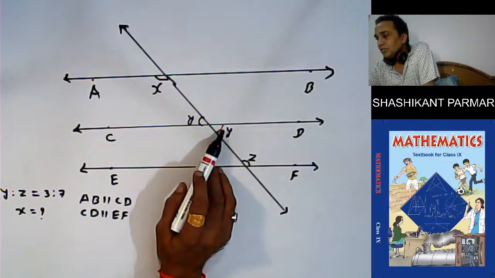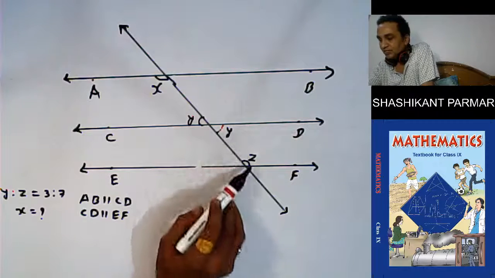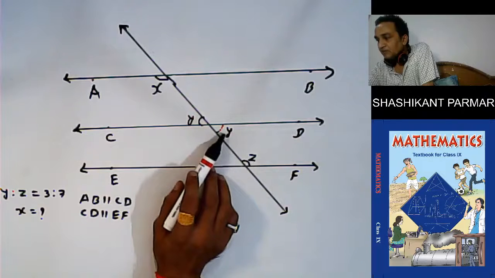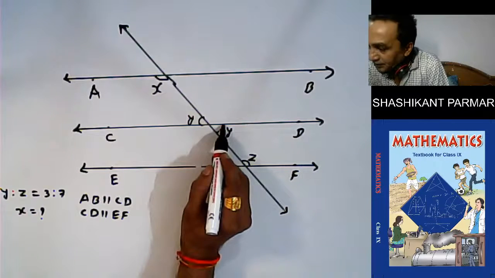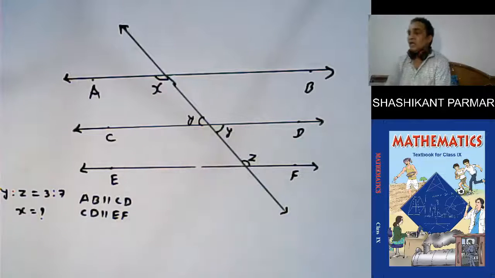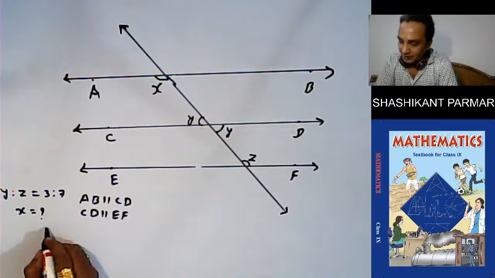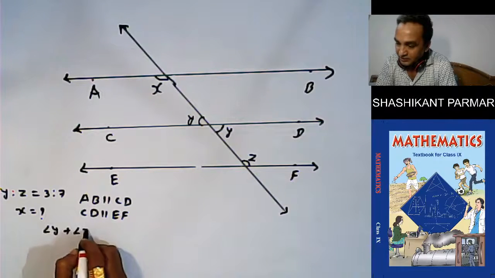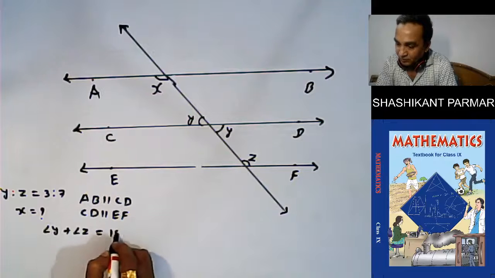And now see here, for line CD and EF, Y and Z are interior angles on the same side of the transversal. So angle Y plus angle Z is equal to 180.